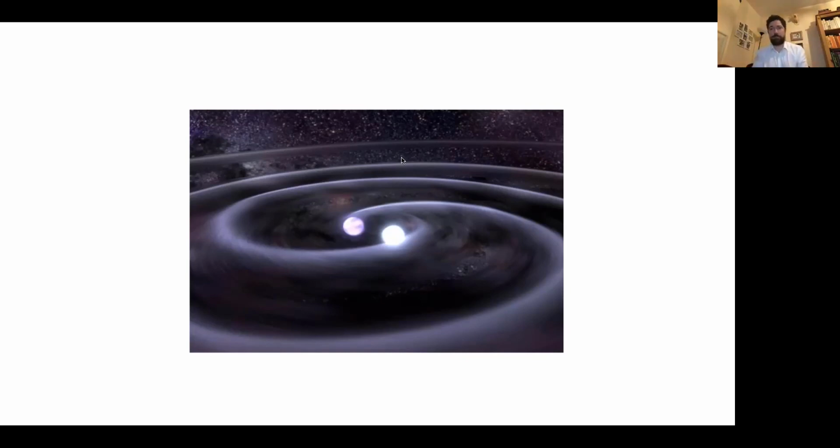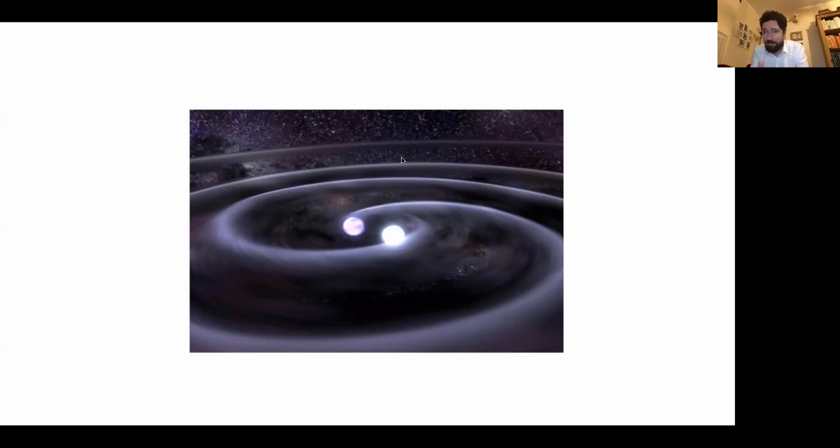Are they 10 kilometers across or 12 kilometers or 15 kilometers across? And just as we can figure out what masses of black holes are merging, you can test the neutron star equation of state from the gravitational waveform.